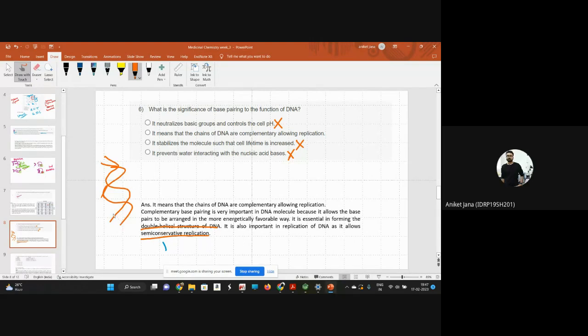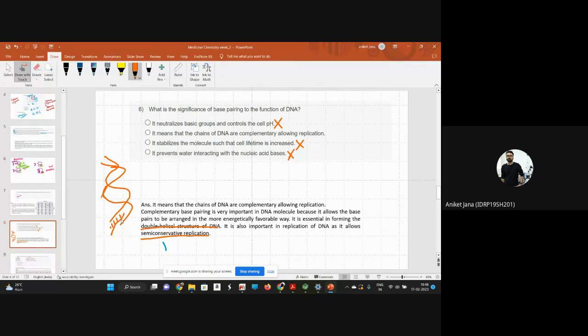So when replication occurs, the double helix coiling of the DNA gets denatured, and one strand is a template for the other strand, and two daughter DNA are formed. This coil is opened with various kinds of enzymes, and from one DNA we get two DNA.